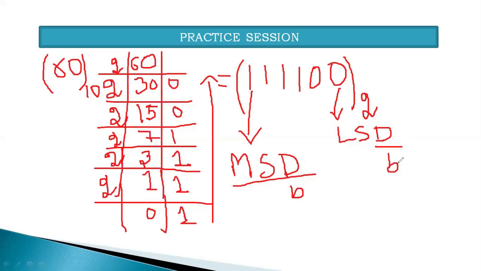So I think now you have the concept of how to convert any decimal number into its binary equivalent.